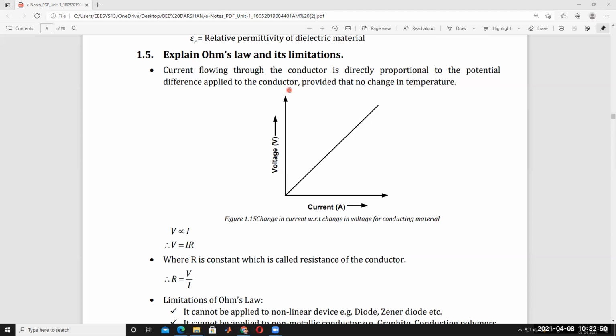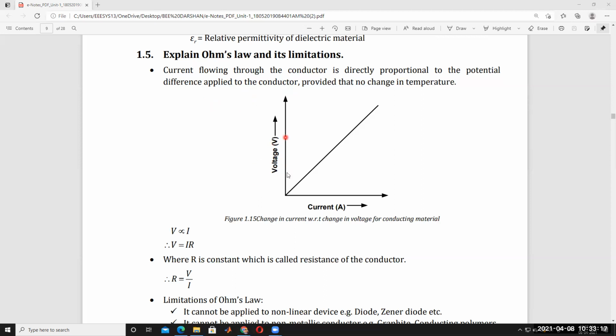The current is proportional to the potential difference, 12 minus 7, that is 5. Since 12 volts is higher, the current passes from high potential to low potential. Understood? So current is proportional to the potential difference between two points at constant temperature. This is called Ohm's law.